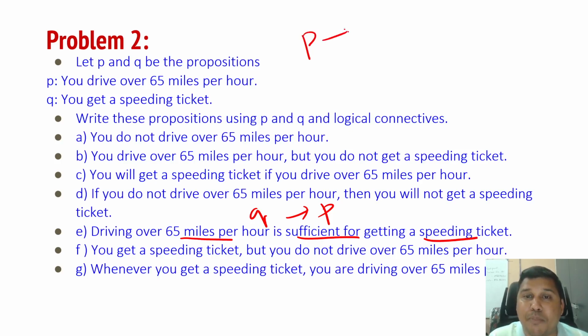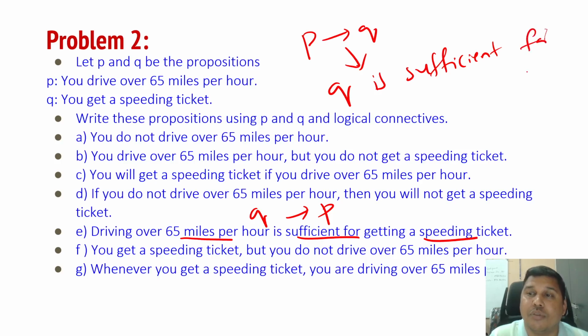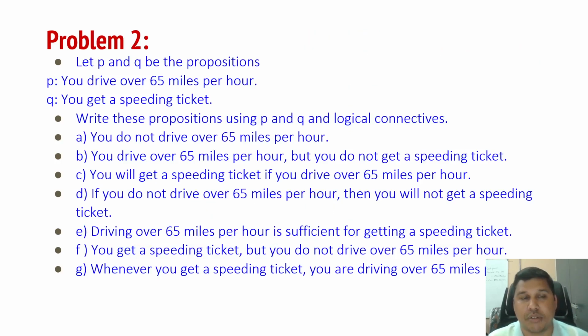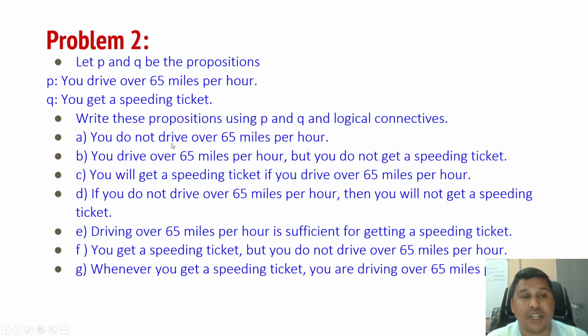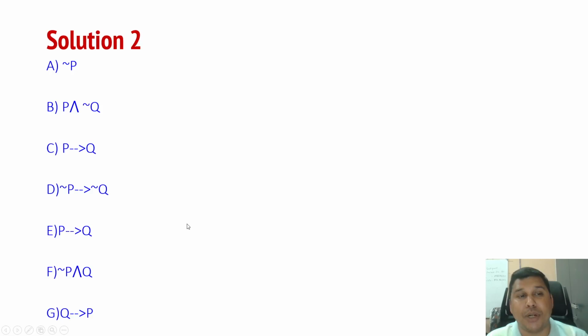The meaning of P implies Q is that P is sufficient for Q, so the reverse gives Q implies P. You can see the solutions here. So you have different English statements, and you have to convert them into propositional logic using those logical connectives.